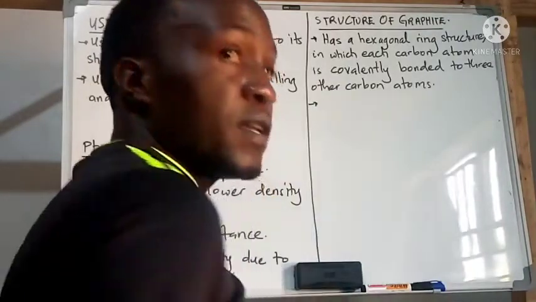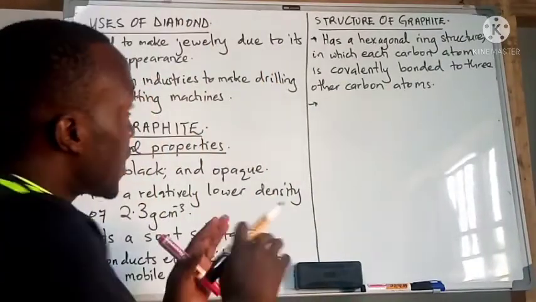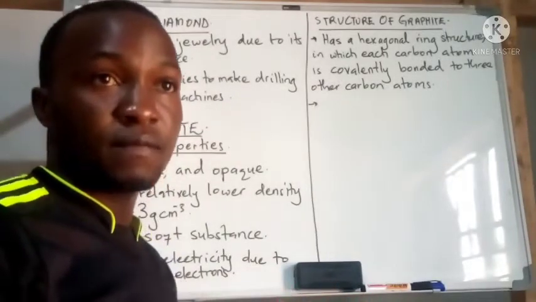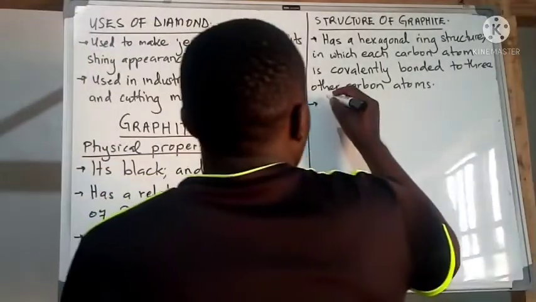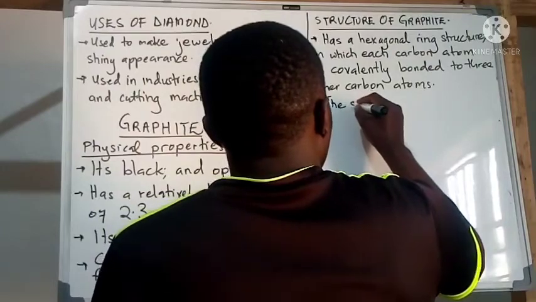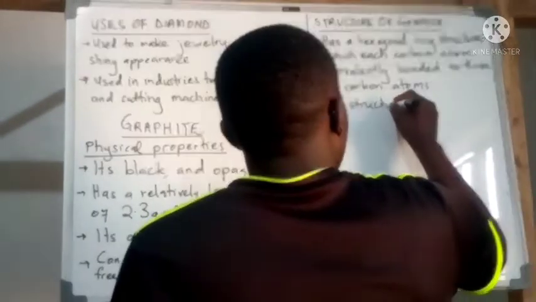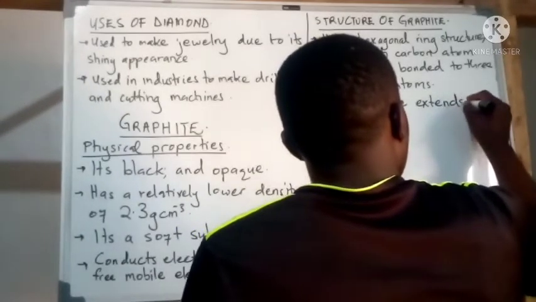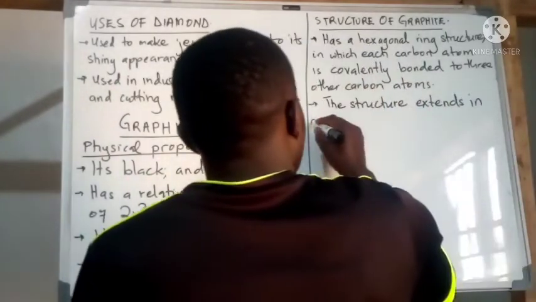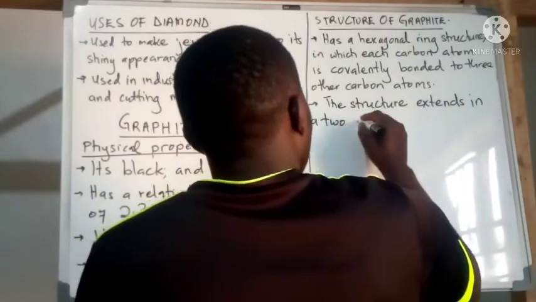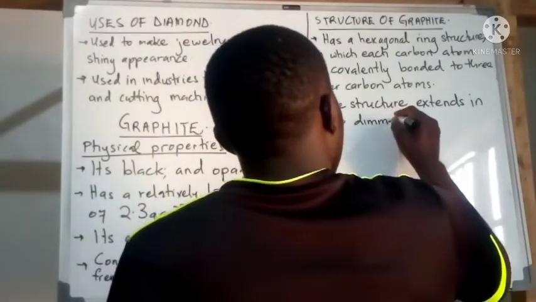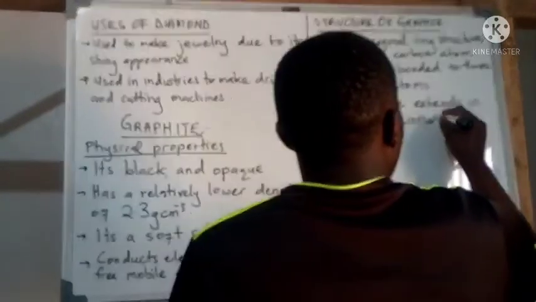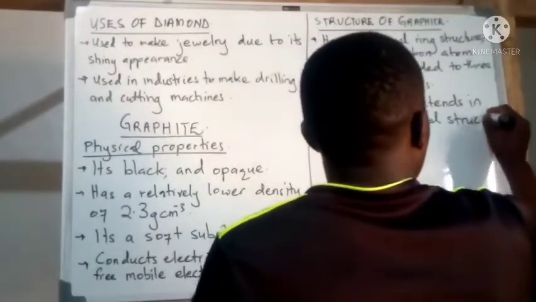We are going to see to it that the structure of graphite extends in a 2-dimensional structure. So the structure extends in a 2-dimensional structure.